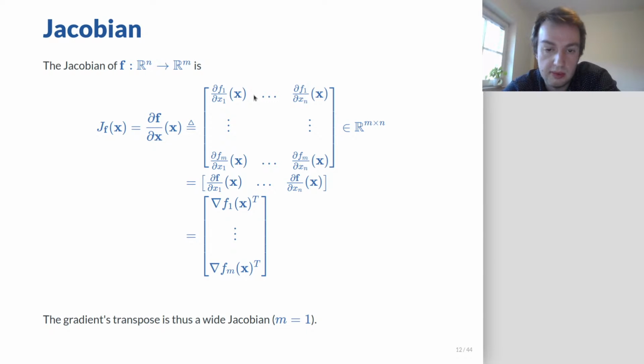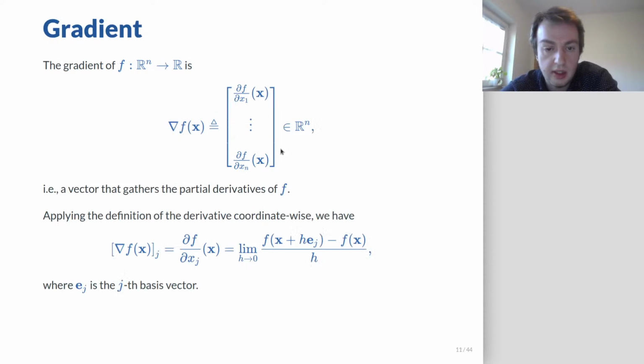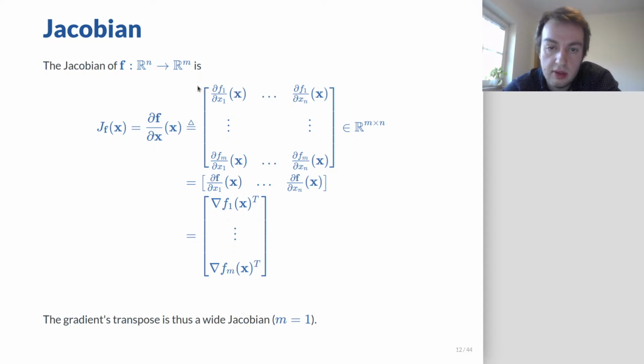In a sense, you can also view the gradient transposed as a Jacobian in which m is simply equal to 1. If you look at this, this vector is one row. So if m is equal to 1, that corresponds to this first case.